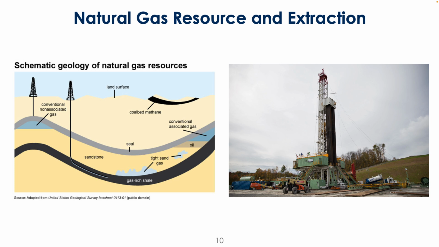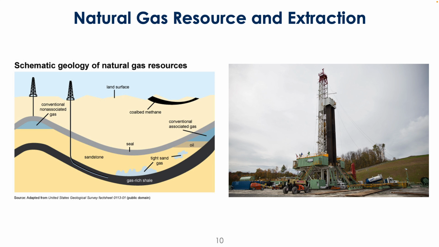So that's for coal. For natural gas, on the left-hand side, you have a form of extraction known as conventional gas extraction, where you essentially drill down into a pocket of natural gas and extract it directly.